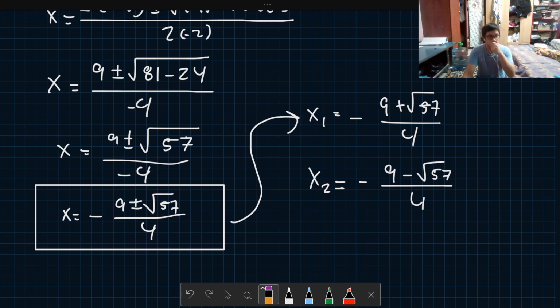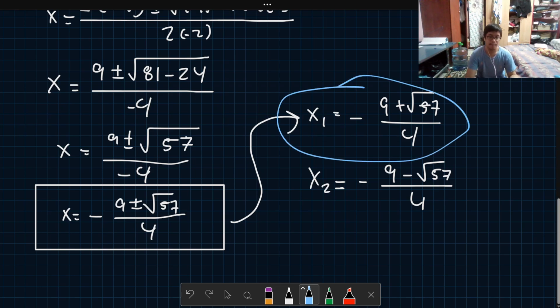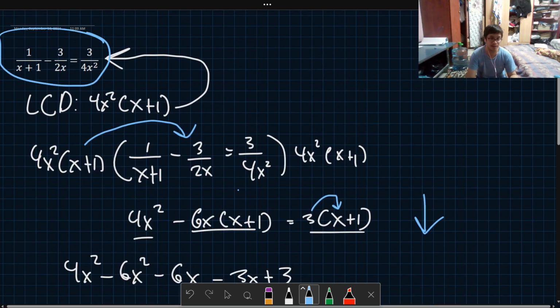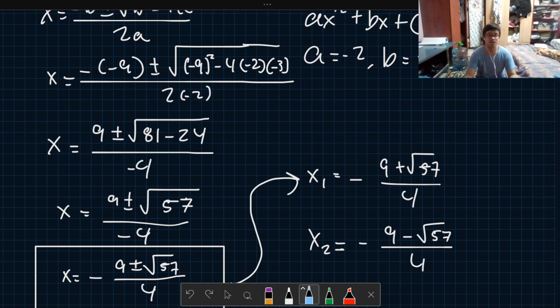Well, there is a chance that at least one of them is not the solution. You know what I mean? Like you found your x, but when you substitute that here, it's not the same as the right side.